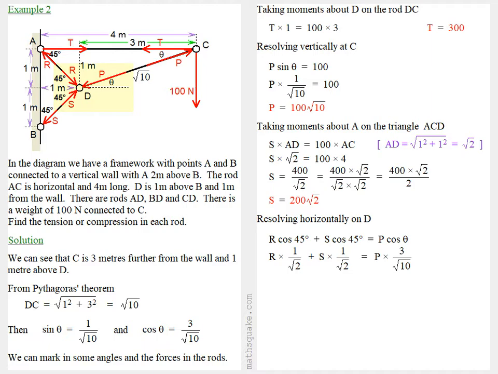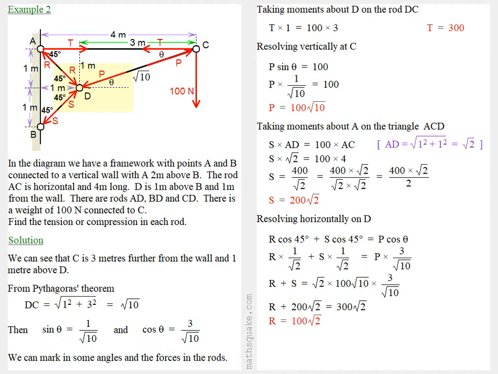Now if we multiply all the way through by root 2 and change P into 100 root 10, we get R plus S is equal to root 2 times 100 root 10 times 3 over root 10. And that simplifies to R plus 200 root 2 equals 300 root 2, or R is equal to 100 root 2.